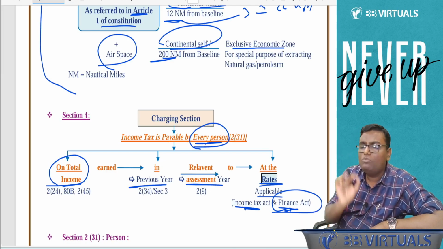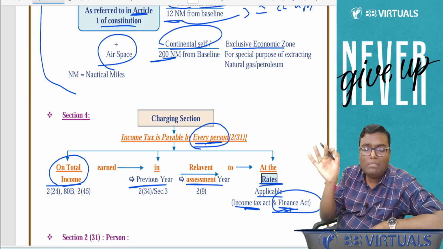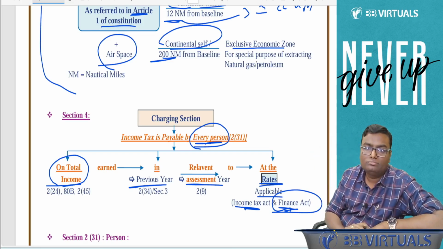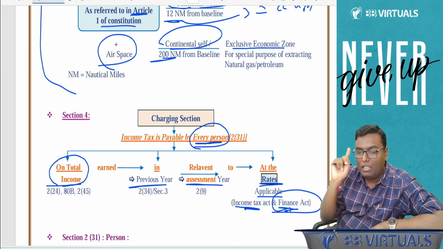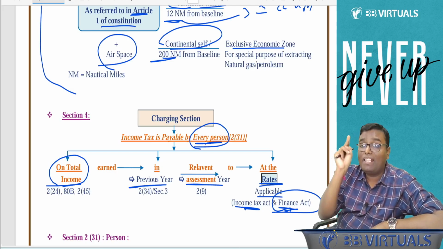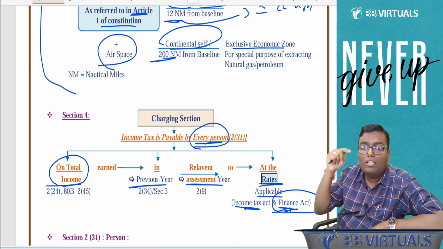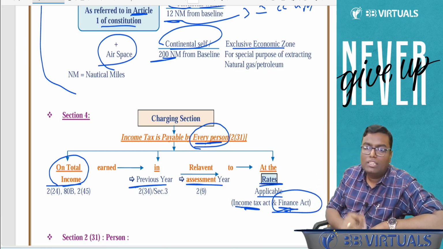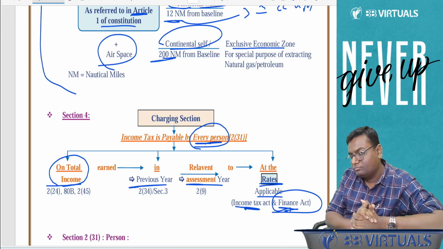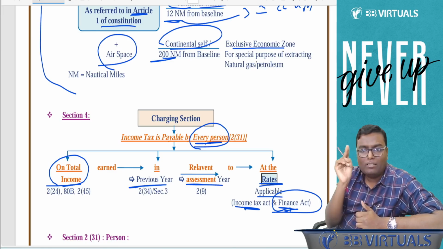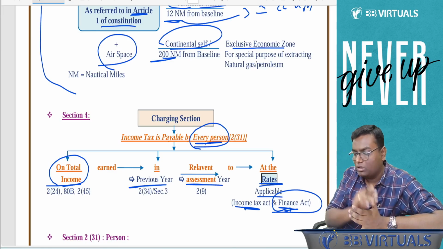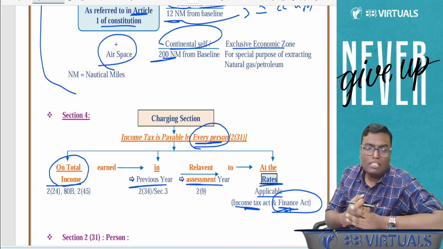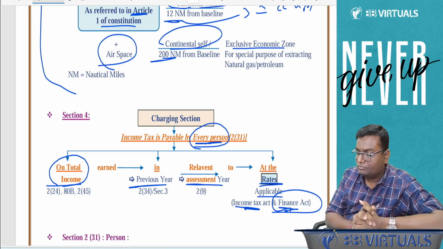Tell me, if I give you one MCQ: income tax rates are given under option 1, Income Tax Act, option 2, Finance Act, option 3, A and B both. Tell me which option you will select.